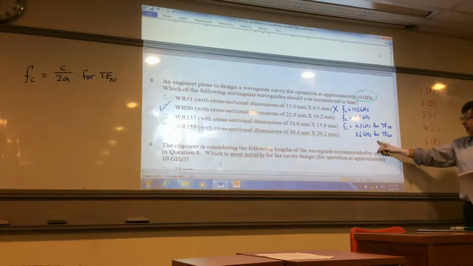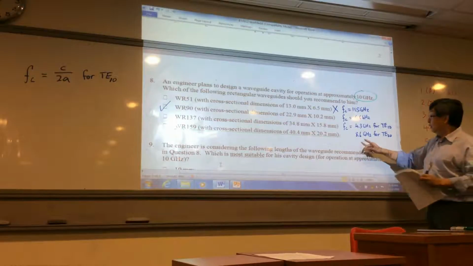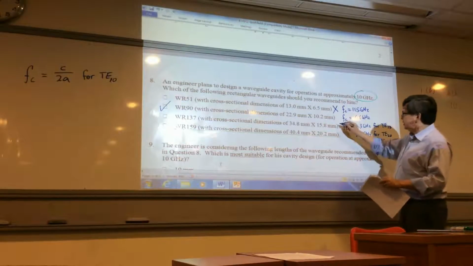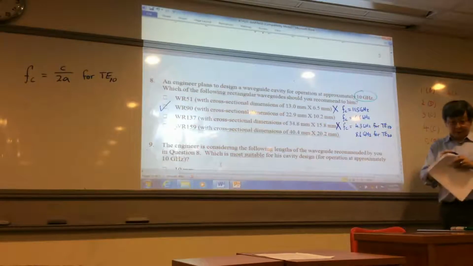But here we find that the next mode is cropping up. The next mode can propagate as well. So for this one, 4.3 gigahertz is too low, so this is not acceptable.